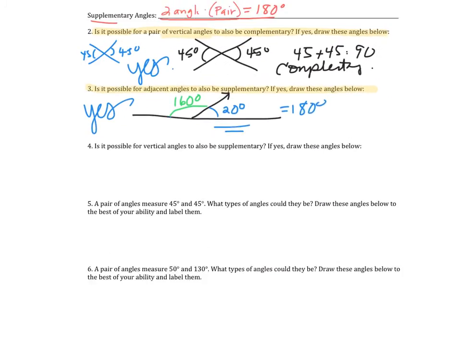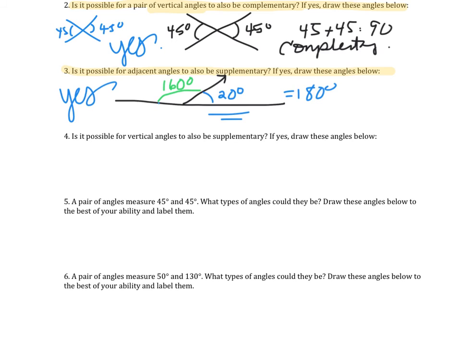Okay. Is it possible for vertical angles to also be supplementary? If yes, draw them below. Well, two vertical angles have to be equal.